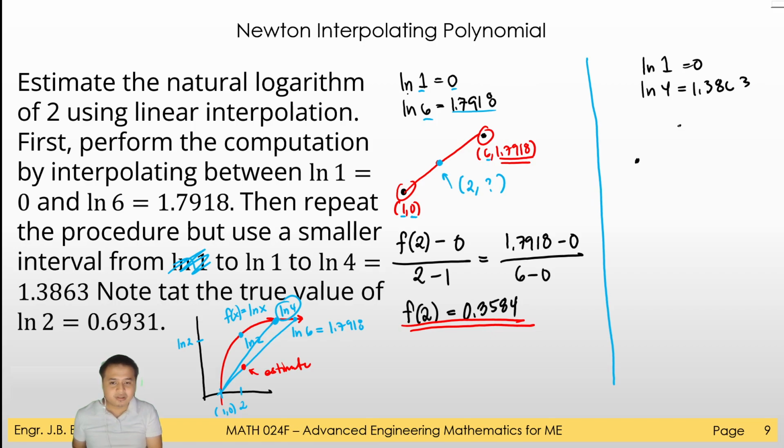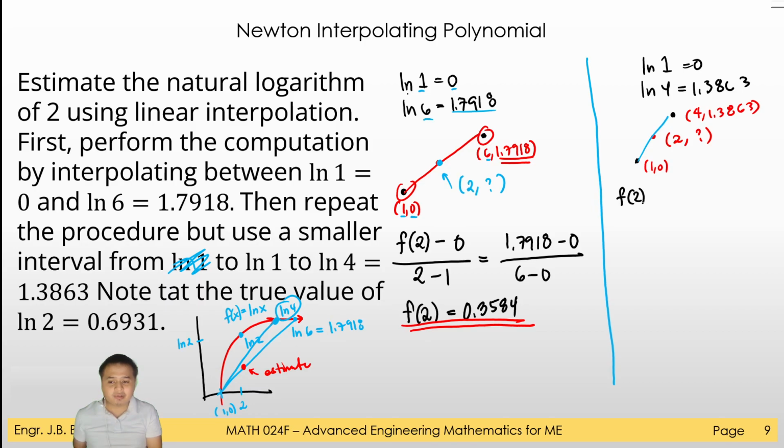Here we have 1 and 0, and 4 and ln 4, which is 1.3863. We know this point is at 2, but what is its value? You can find this using linear interpolation.